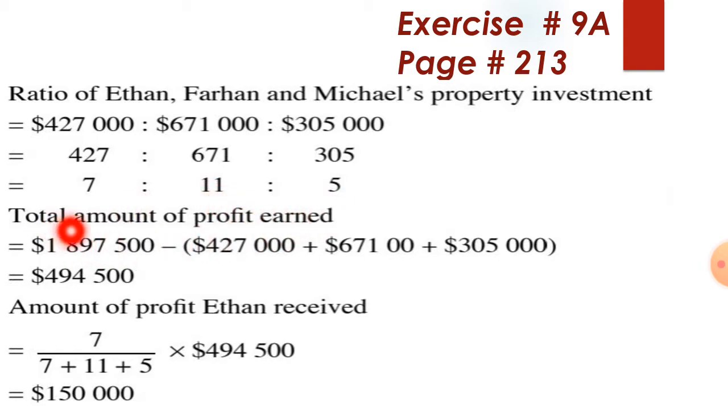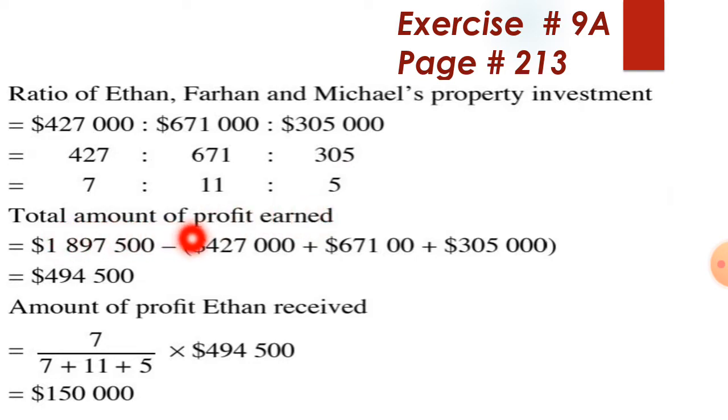It is divided by 61, the same 61 each time. Again I am going to repeat it for the students. Take a simple calculator and write 671 divided by 61. You will get 11. The same with 305 divided by 61, you will get 5.